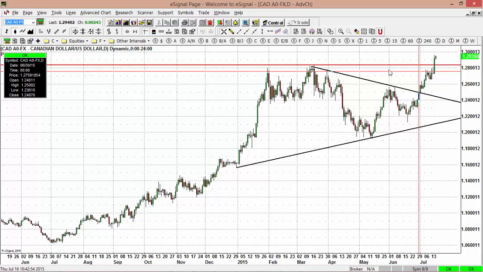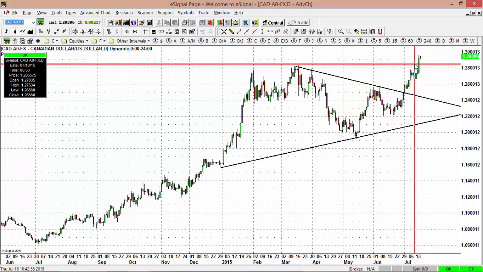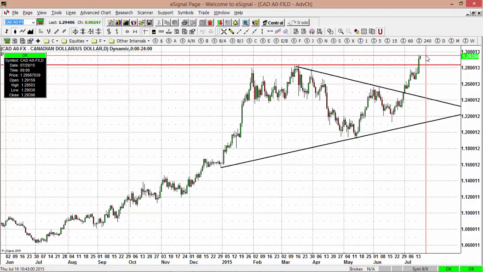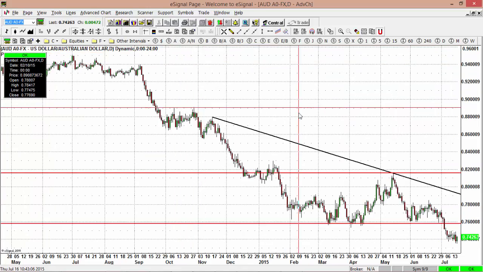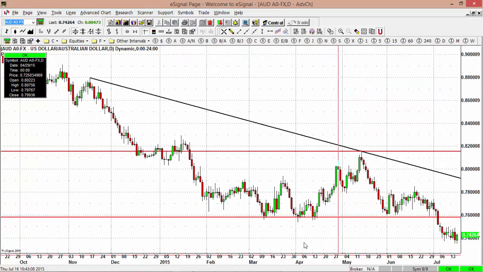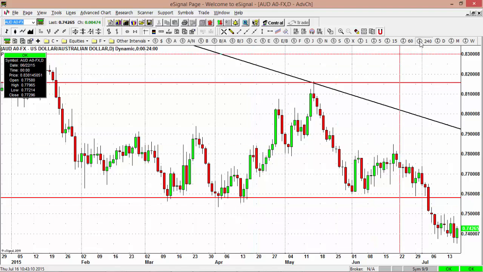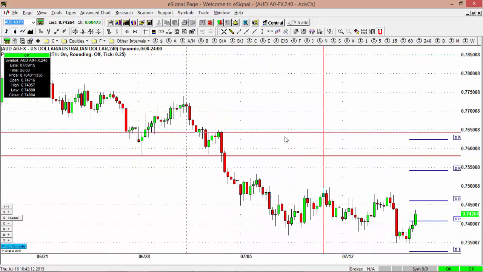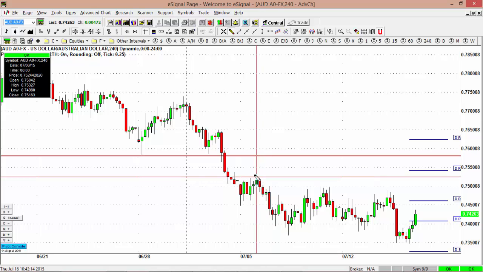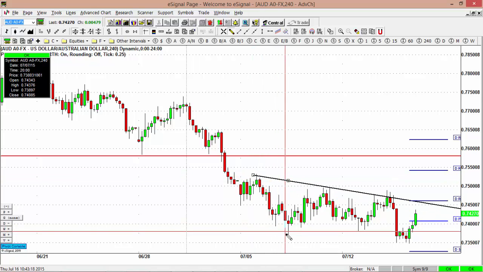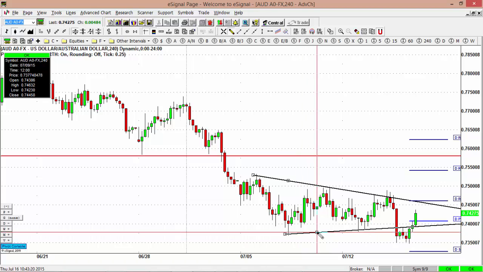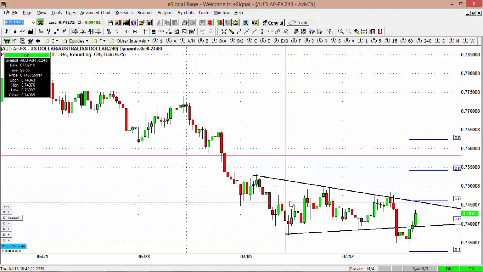Okay, taking a look at the Canadian dollar, we do have some follow-through buying, although not that much yet, since the market broke out of this 128 level, and we're just waiting to see if the market will continue to the upside. Taking a look at the Australian dollar, the Australian dollar is actually up against the US dollar on the day. We had a slight triangular consolidation pattern.